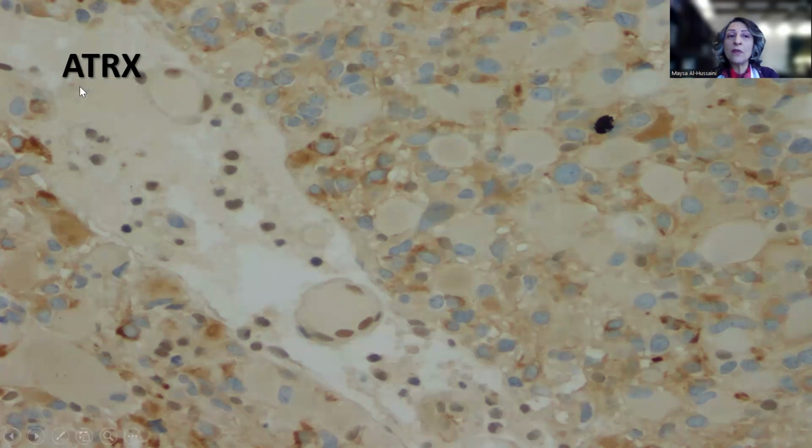So always remember, for ATRX, you have to interpret it in the presence of internal positive control, usually the endothelial cells, sometimes, for example, the lymphocytes, sometimes we can use the neurons as the internal positive control, but you cannot really interpret a negative nuclear stain without the presence of internal positive control.